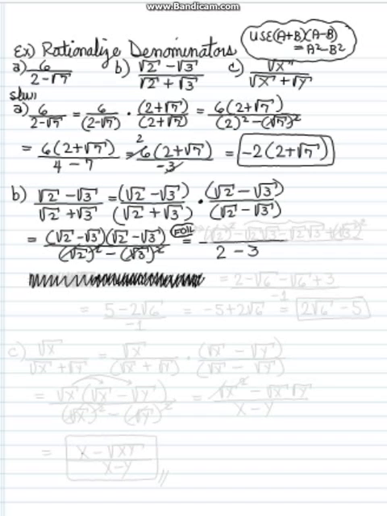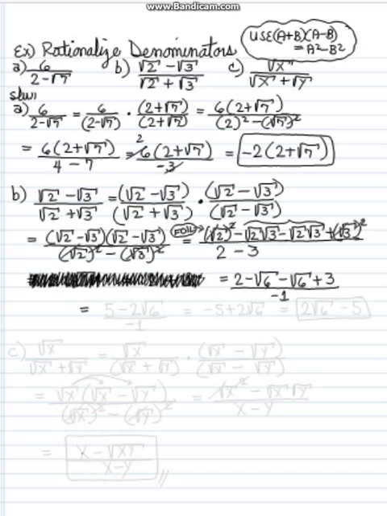Let's see, on the top, we can FOIL. First times first is square root of 2 squared, plus the product of the outers, plus the product of the inners, plus the last guy squared. Okay, so we simplify and we get 2 minus the square root of 6, minus the square root of 6, plus 3, all over negative 1.